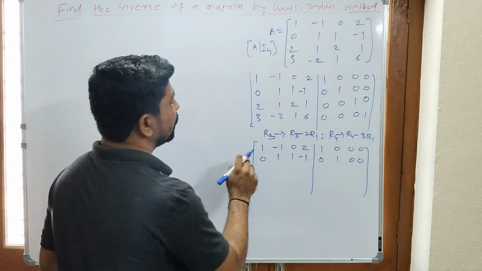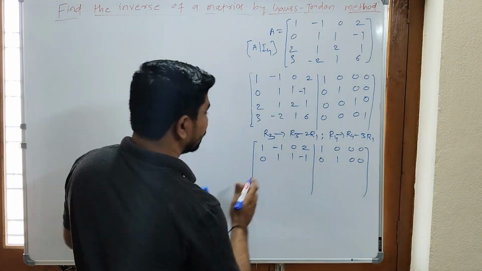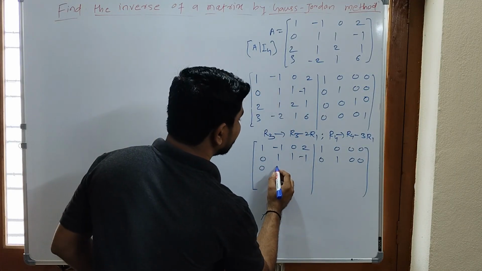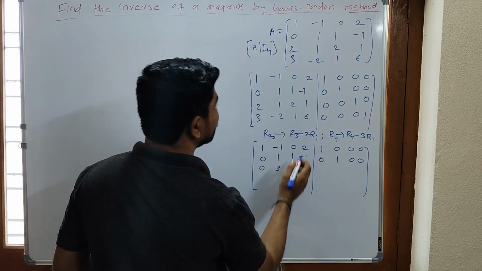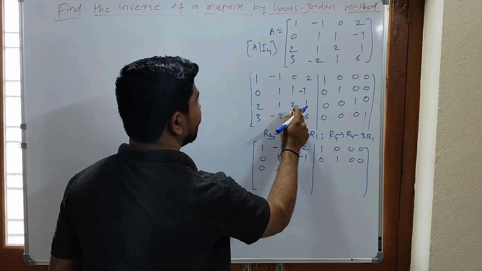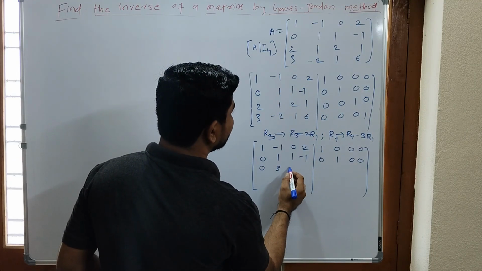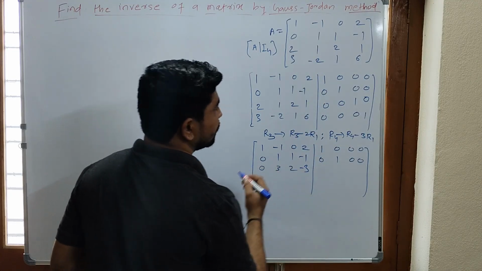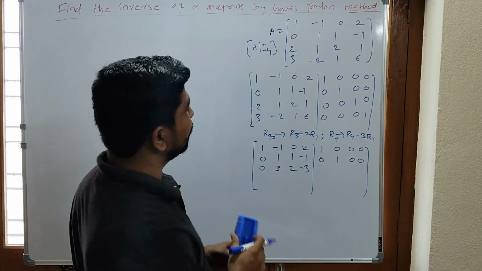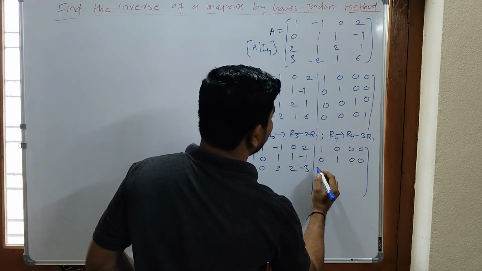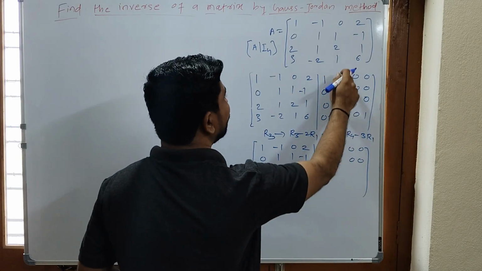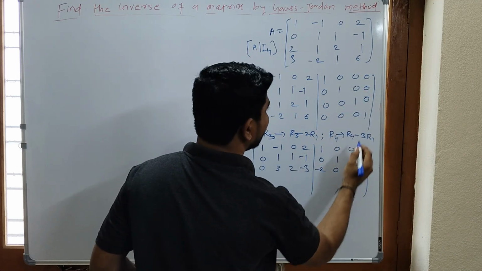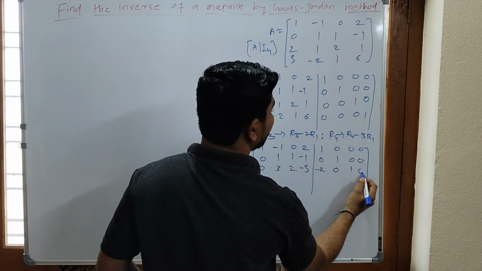Now come to the third row. Here 2 minus 2 times 1 that is 0. 1 minus minus 2 that is 3. 2 minus 2 times 0 that is simply 2. 1 minus 4 that is simply minus 3. Now 0 minus 2 times 1, here minus 2. 0 minus 2 times 0, 0. 1 minus 2 times 0, simply 1, and 0 minus 2 times 0, simply 0.